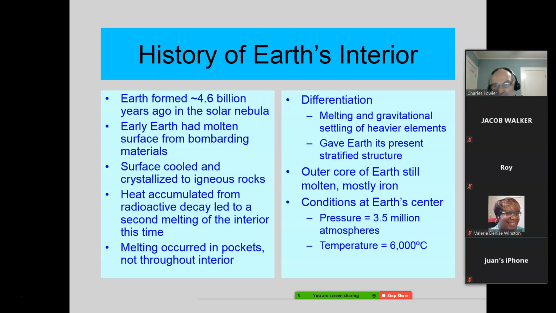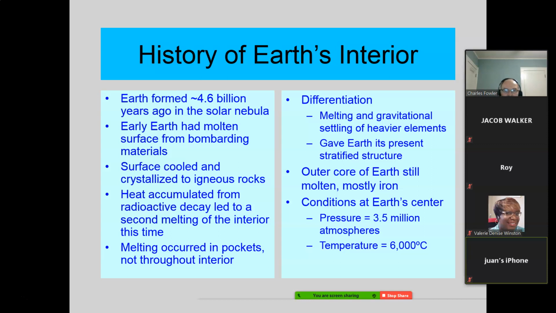Now, remember, we had a lot of radioactive material out there to begin with, so heat accumulated from the radioactive decay led to a second melting, this time of the interior. Okay, the interior of the Earth, at one time mostly the surface was molten, now the interior is molten as well.